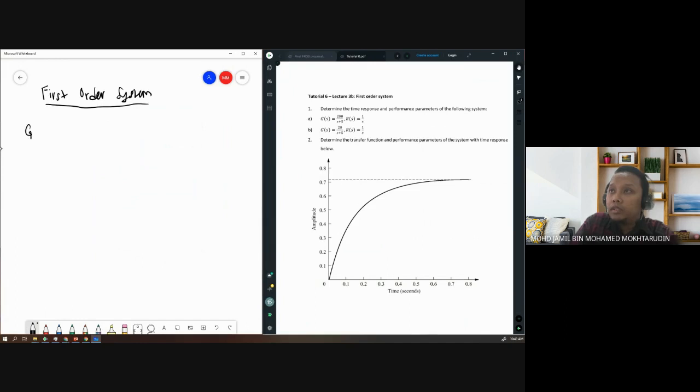G(s) must be a over s plus a under unit step input.